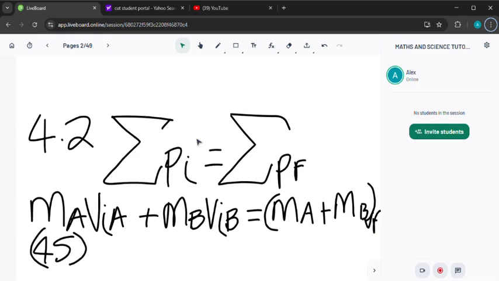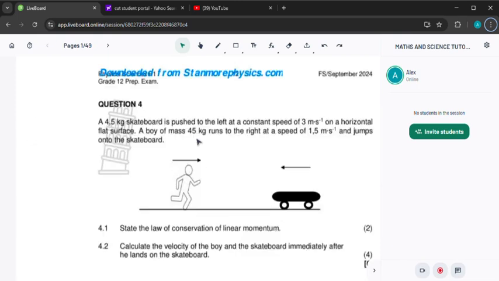and then the initial velocity of the boy. Remember to choose the direction, because these two are in opposite directions. So left as negative, right as positive. The speed 1.5, that is positive.